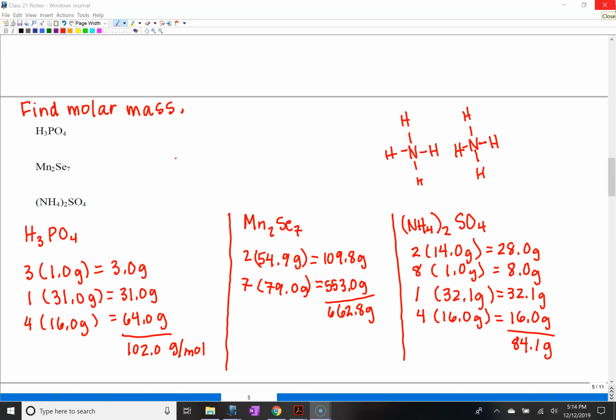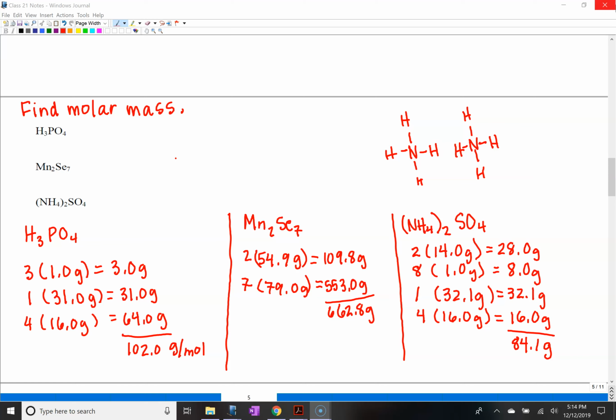To find the molar mass of a compound, you first need to figure out how many of each element is in the compound, and then multiply that number by the molar mass of the element, which is simply the atomic mass of the element in grams. So H3PO4 has 3 hydrogen atoms. Each one has a mass of 1 gram. So that gives you 3 grams from hydrogen.